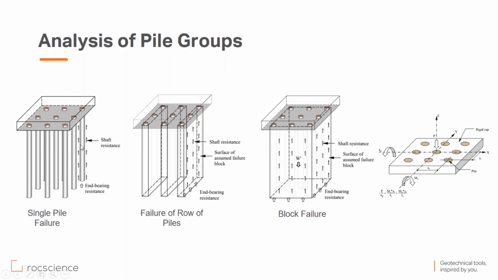Piles also may be analyzed in groups under a pile cap, which makes them have some reductions in their capacity or behavior, so that you may, as a user, apply some factors for group effects on the lateral behavior of the pile or the vertical behavior of the piles.